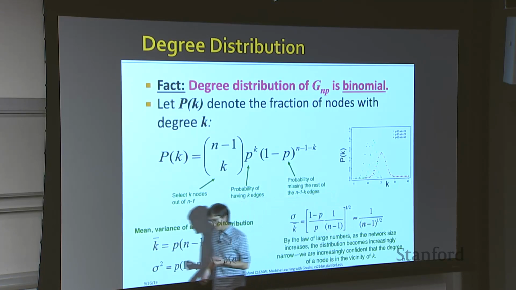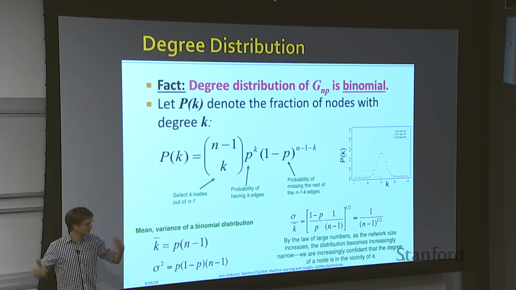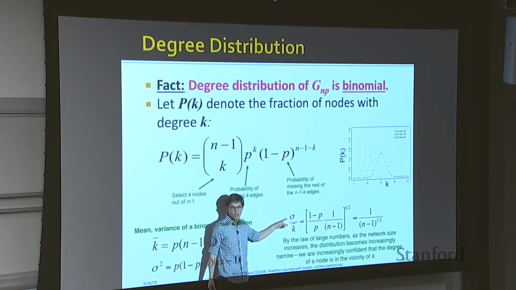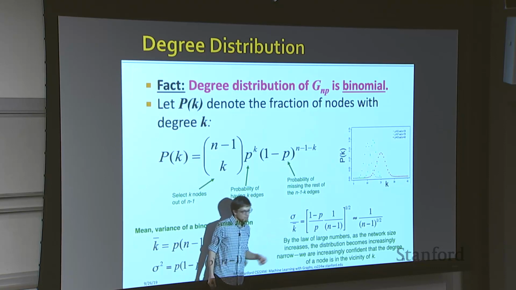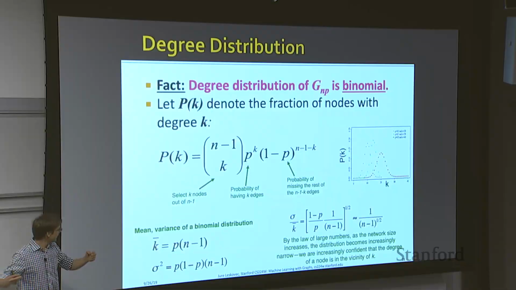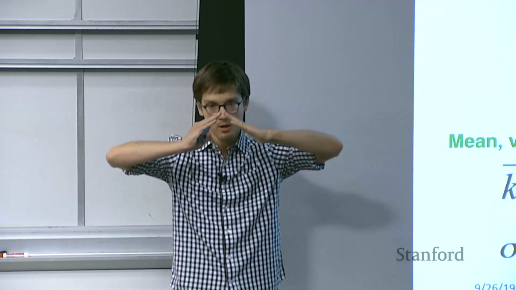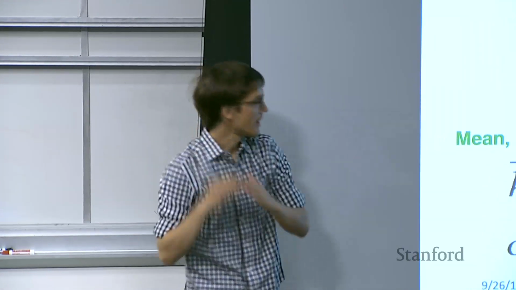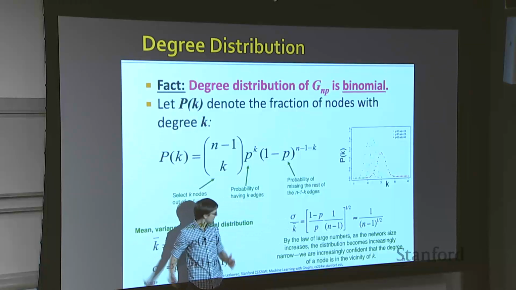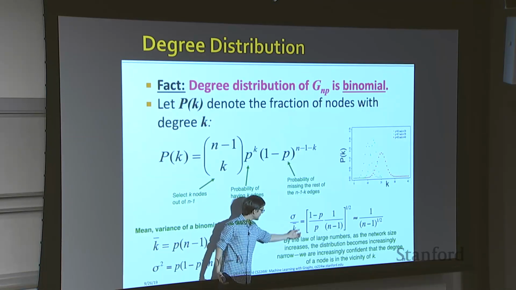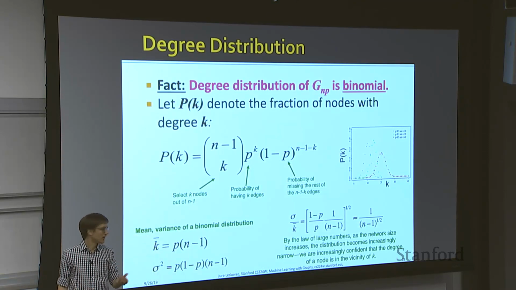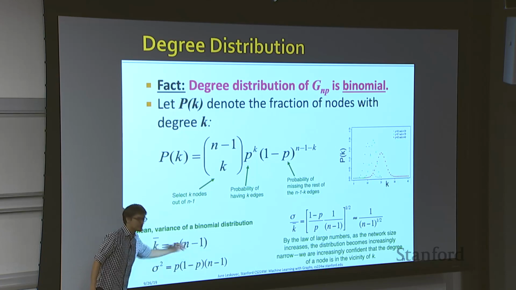So what does this mean? This means as the size of the graph increases, this ratio will go to 0, right? So what does this mean? This means that as the graph gets bigger and bigger, the distribution will narrow. Essentially, if you think of the graph size as infinite, you can think of it as all the nodes having the same degree, the average degree, which is k bar, which is p times n minus 1.